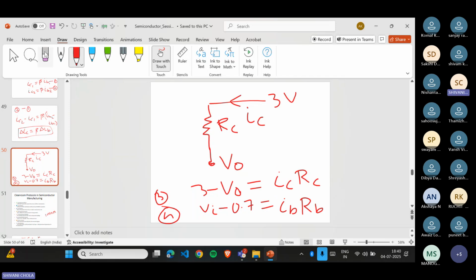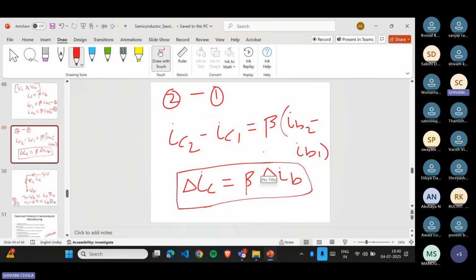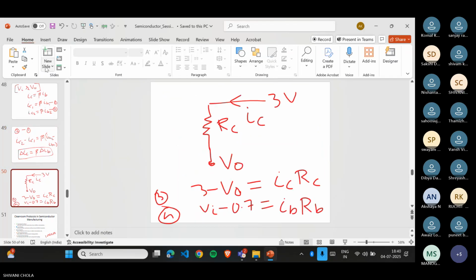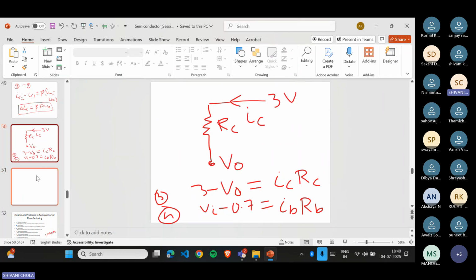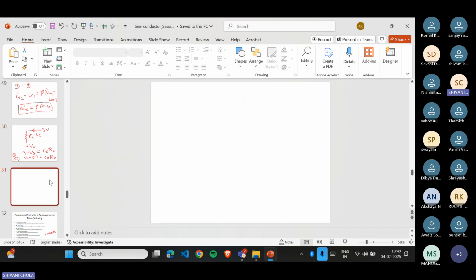Now repeat the same process which you followed over here. What I mean to say is, can I write equation 3 in the delta form? If you apply delta on the third equation, I mean delta on 3 minus VO equals delta of IC RC.